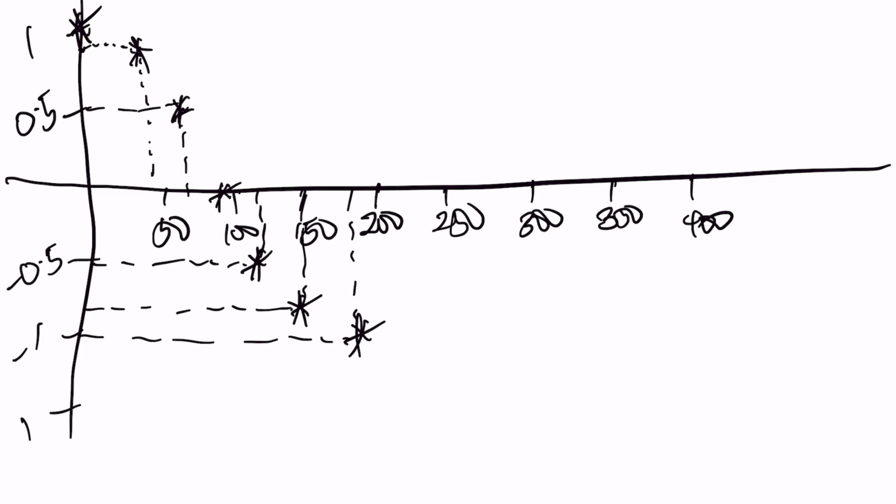At 210, we have it to be minus 0.87. At 240, we have it to be minus 0.5. At 270, we have it to be 0.